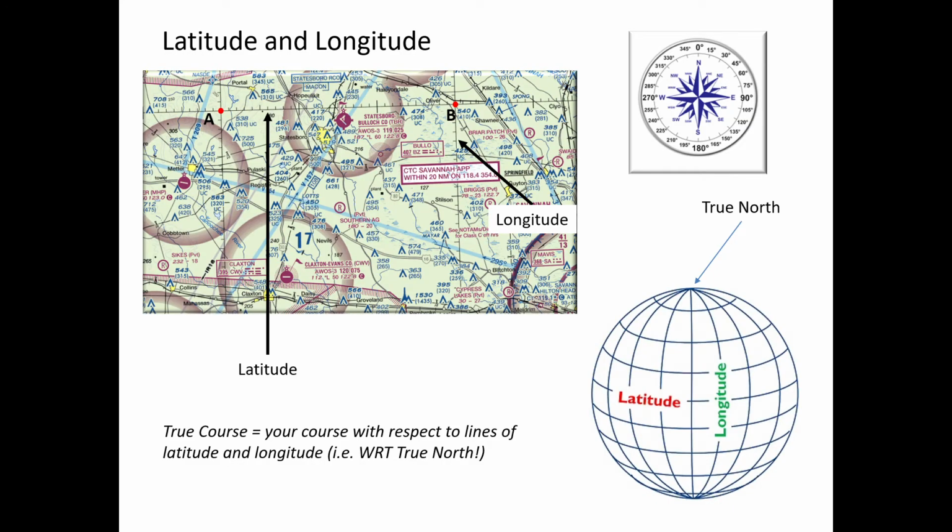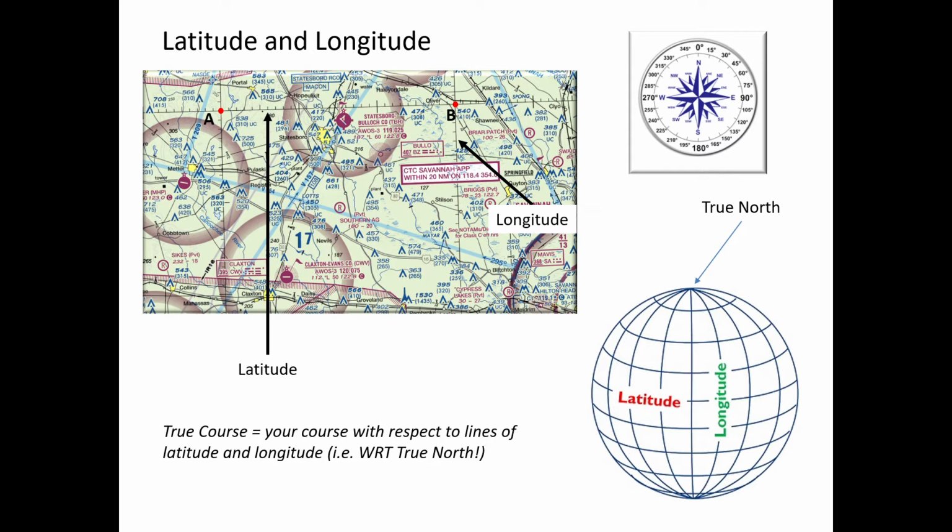Let's jump into latitude and longitude. The Earth, which is, of course, a sphere, unless you come from the Flat Earth Philosophical Society. The Earth is split into grids. We know them as latitude and longitude.